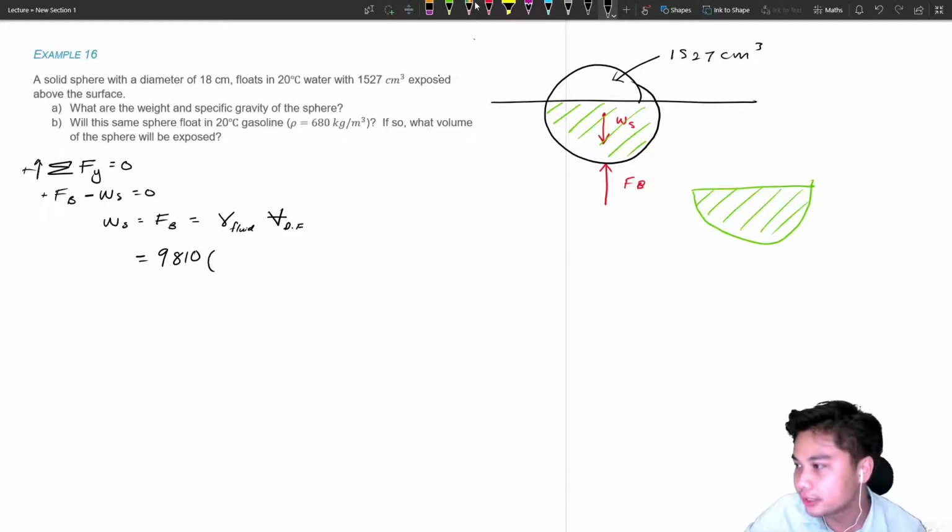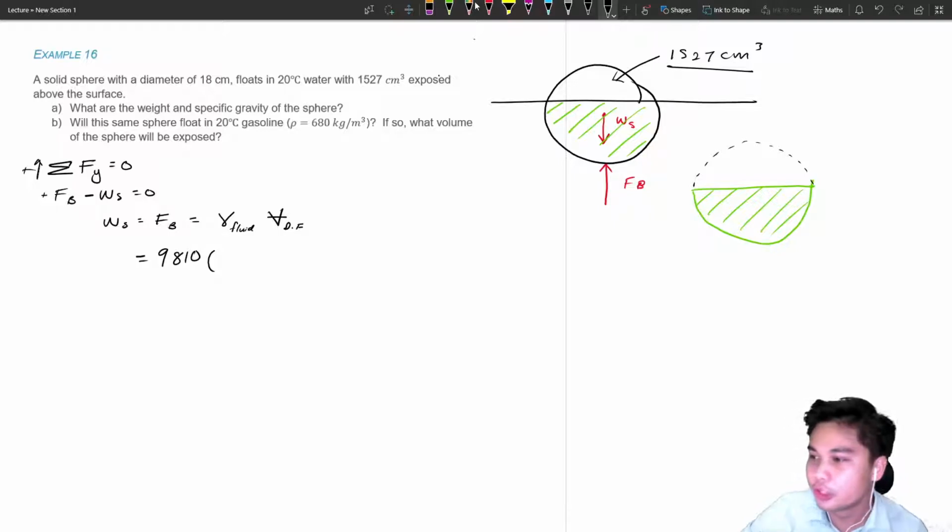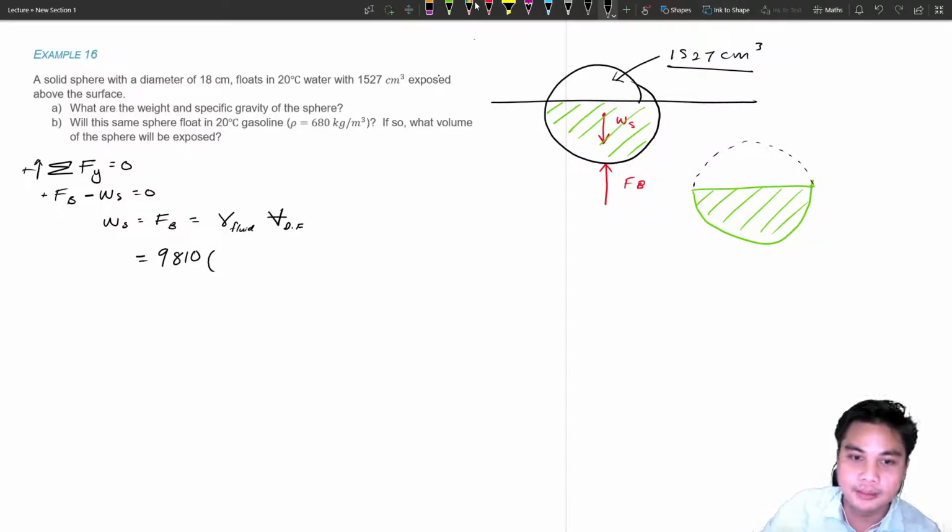So how do we get this volume? We already know the exposed volume, so we need to calculate the total volume of the sphere, which is 4/3 pi r cubed.